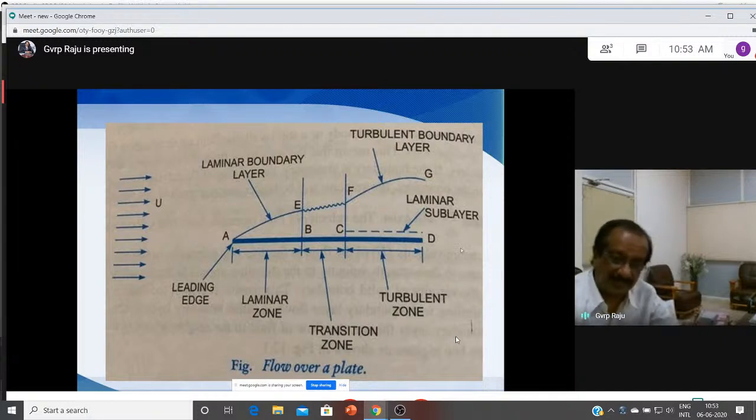You can expect this when the flat plate is very smooth, giving a smooth, regular flow. This is very important: leading edge, laminar zone, transition zone, turbulent zone, laminar boundary layer, turbulent boundary layer, and laminar sublayer.